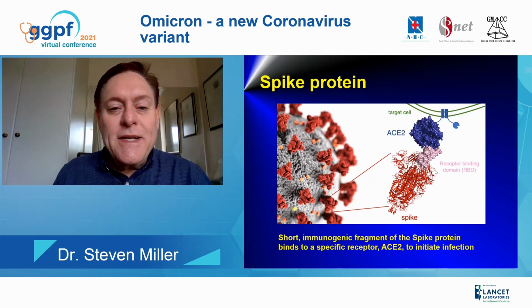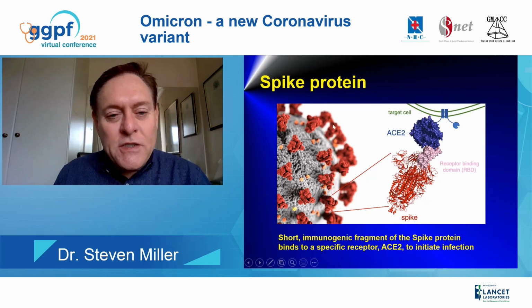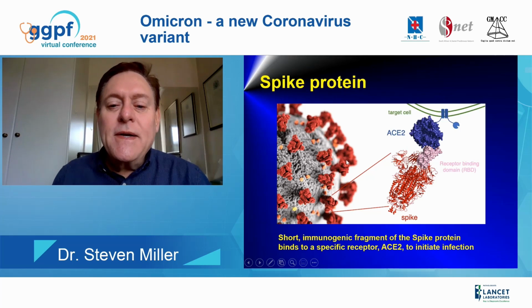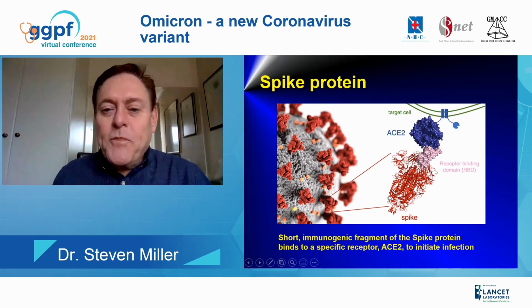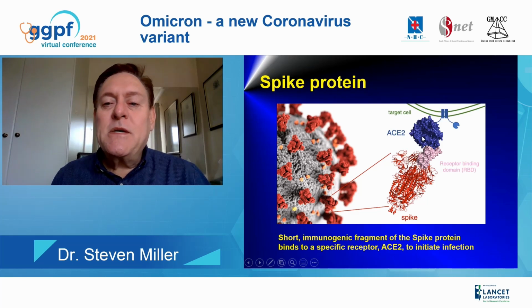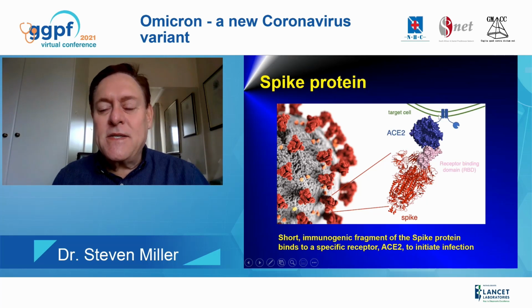Well, the spike gene is shown here by this little red structure on the surface of the virus. You can see it over here. And one region of that spike, which we call the receptor binding domain, is the portion of that molecule that engages the ACE2 receptor, the ACE2 receptor being the target on the host cell, on the human cell, in the lung, intestine, kidneys, etc. And by engaging with that receptor, the virus is able to initiate infection.